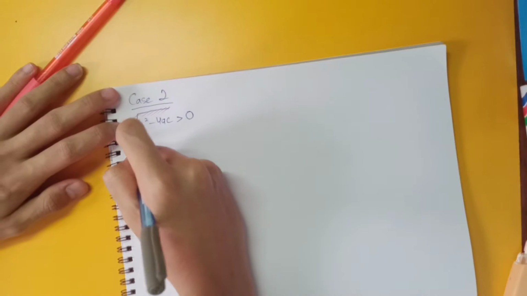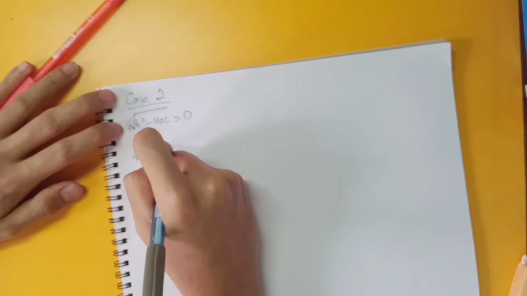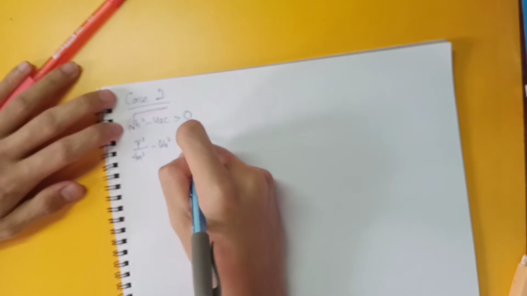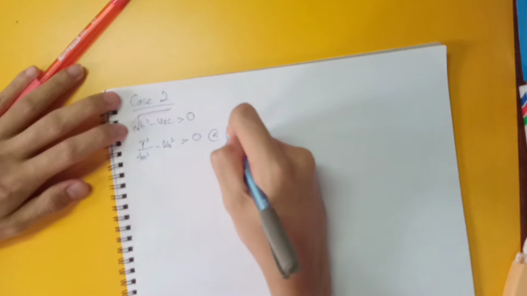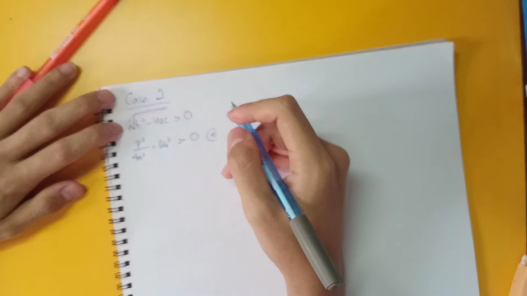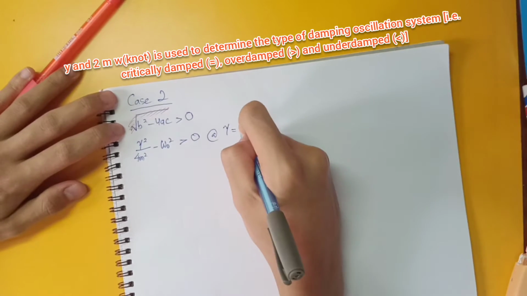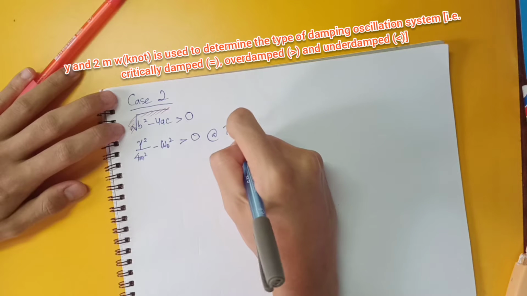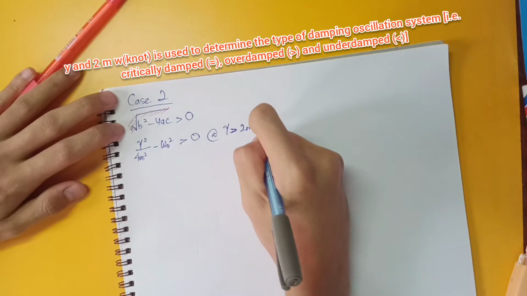So b square is equal to gamma square over 4m square minus omega naught square, more than 0. Or when we go more in depth, it is gamma more than 2m omega naught.